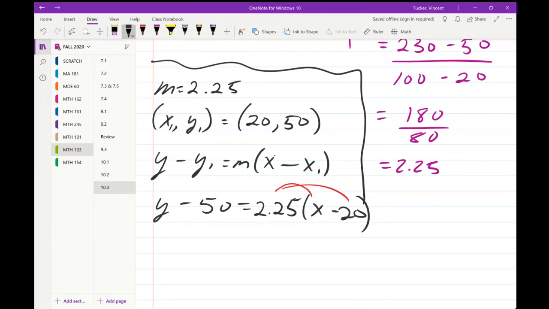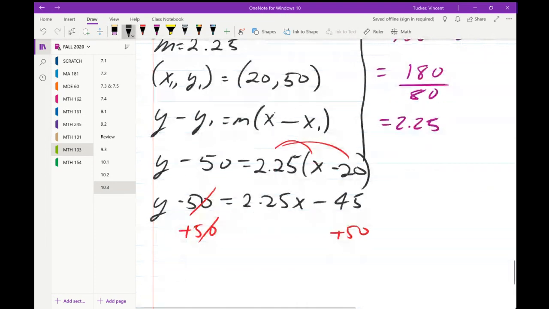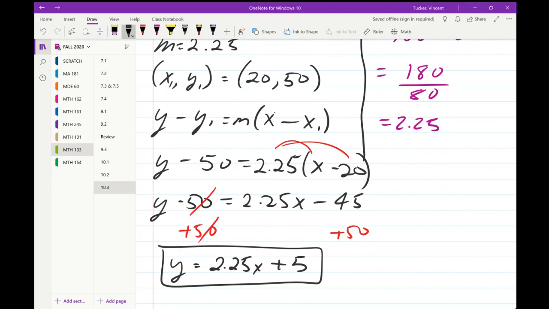Distribute that 2.25. So y minus 50 equals 2.25x minus 45. Now to finish it off, we will add 50 to both sides. Y is equal to 2.25x plus 5.